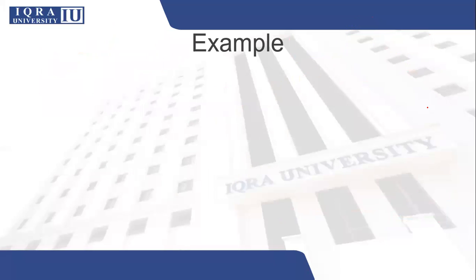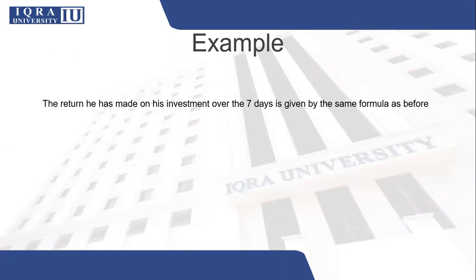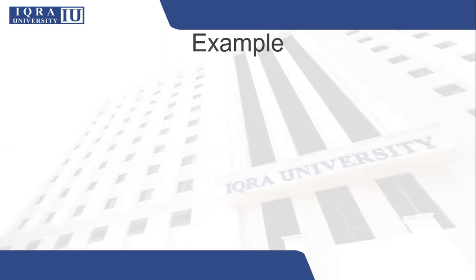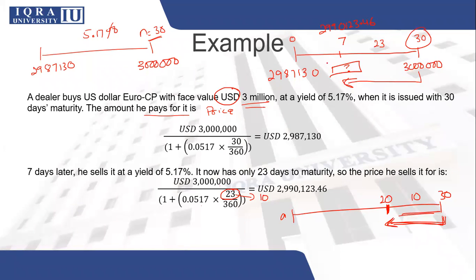Moving ahead, now we can also calculate the return that he has made over the 7 days. So there are two formulas for yield. You can use any one of them. Over here, I have used this one: cash flow at the end divided by cash flow at the start minus 1, multiplied by years divided by days held. So let's go back and see our question once again.